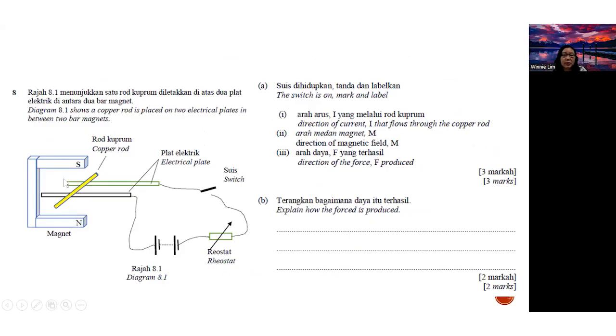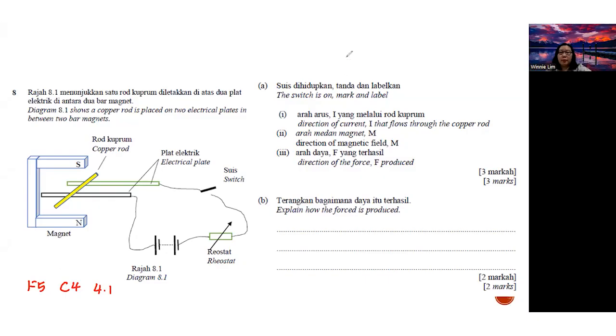For question 8, the topic is under Form 5, chapter 4, 4.1. So 4.1 is the principle of how a motor works, how the force is being produced.